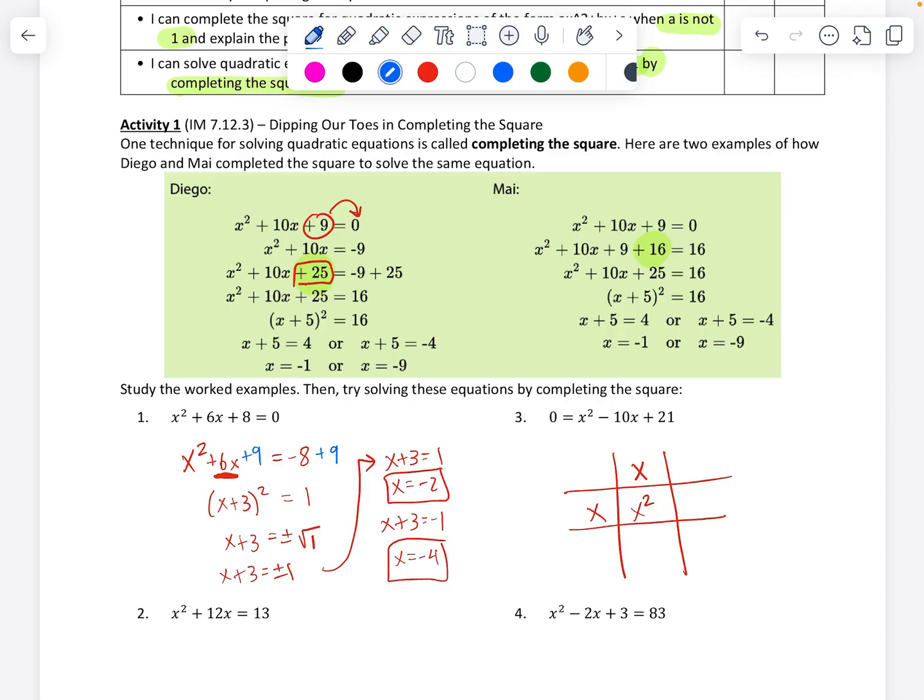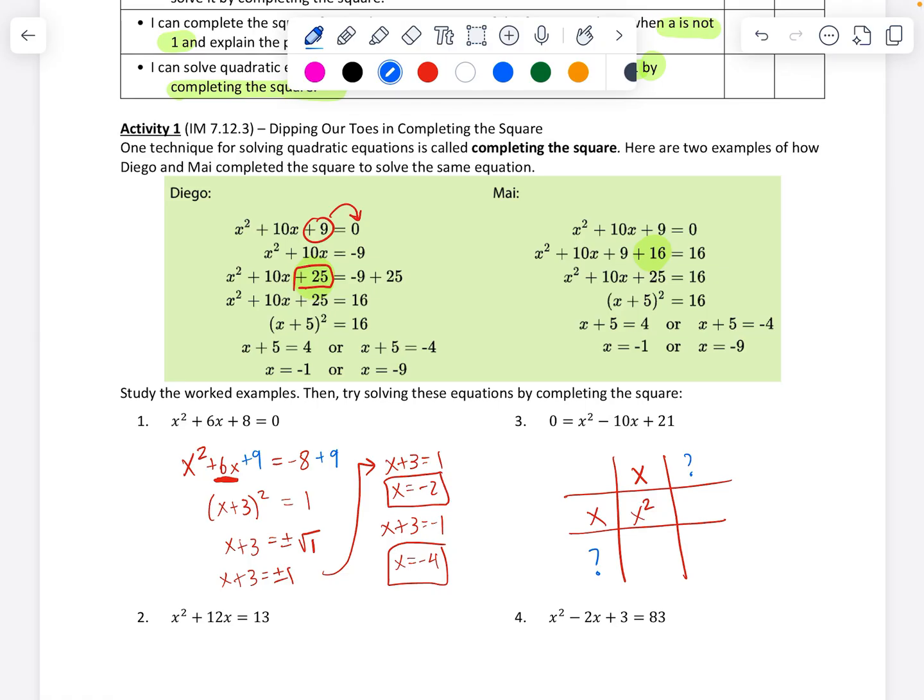So we don't know what this number and this number are, but we do know that when we multiply it by the x, so I'll call this an a, they're both going to be a because they're the same factors. And so what we know is that this a plus this a has to be equal to 6x, right?